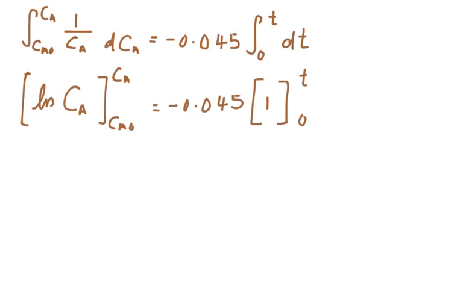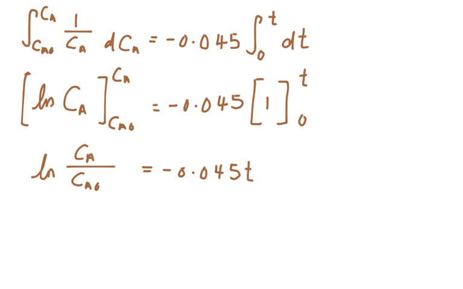So therefore, you will get ln CA minus ln CA0. Essentially, this becomes ln(CA/CA0), because you can combine them, equals negative 0.045 t.